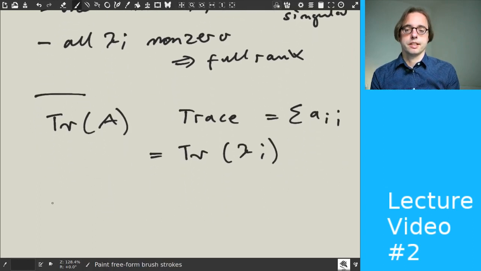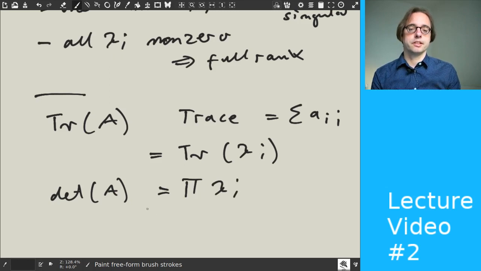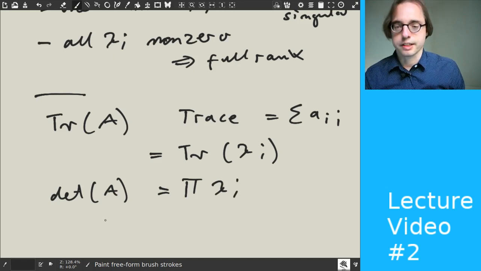And there's something called the determinant of a matrix, which is relatively tricky to define in terms of the actual entries of the matrix, but it's very easy to define in terms of eigenvalues because it's simply the product of all eigenvalues. So the trace is the sum of the eigenvalues, and the determinant is the product of the eigenvalues.